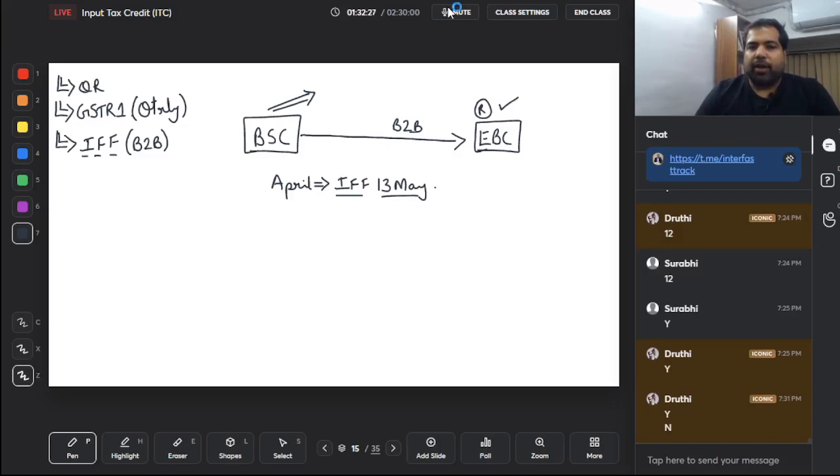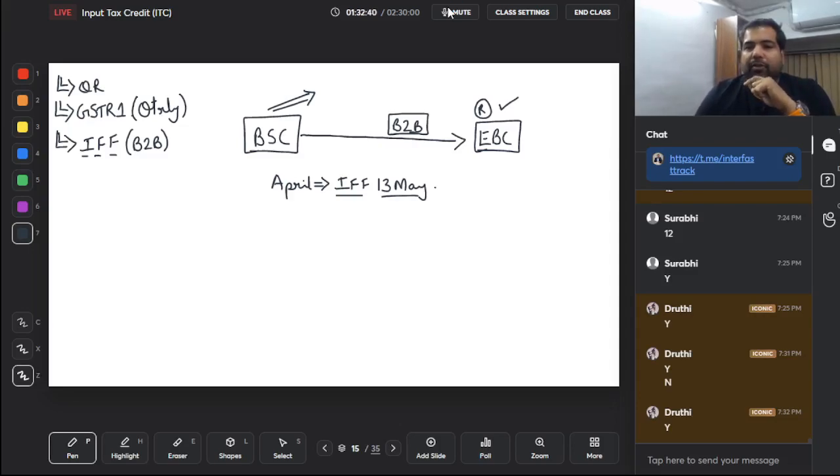Guys, are you still filing your GSTR1 quarterly? Yes. But are there some B2B supplies and those people are expecting credit immediately or at least monthly? Yes. So for them, if you have any B2B supplies, then you can file an IFF by 13th of the next month. And when you file this IFF, will EBC get the credit? Yes. Are they happy? You're also happy, because you don't need to put all the details, only B2B details.